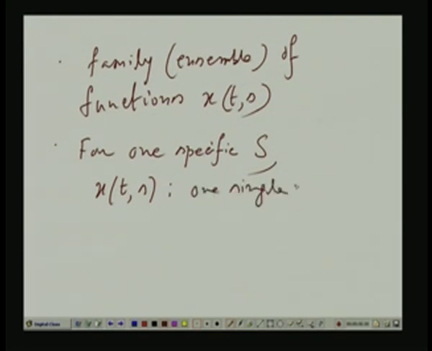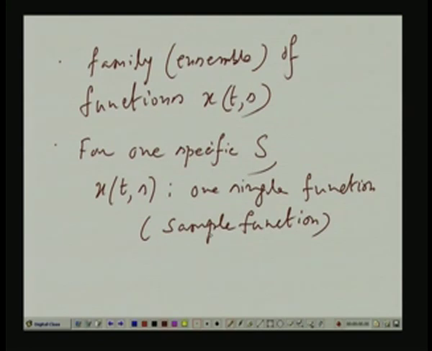Obviously, for a particular outcome, you get only one function, a specific function. This is called a sample function.